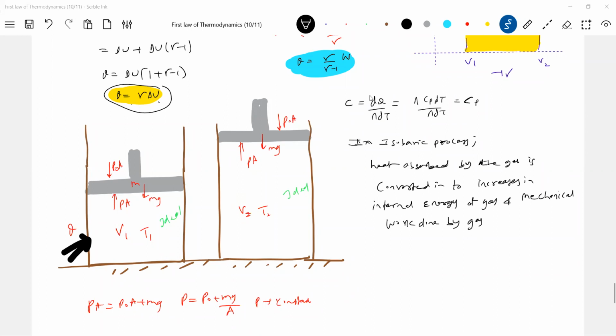T2 must be greater than T1. Definitely, yes. I will bring the mathematics for that also. Okay, these are both things.